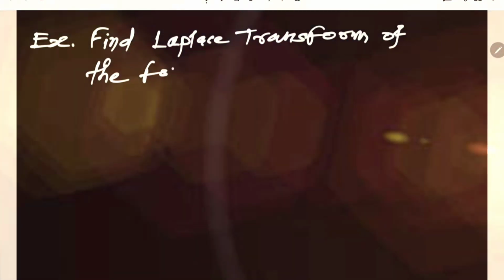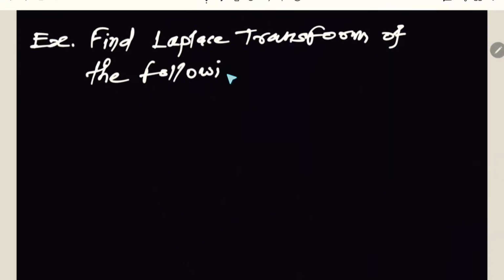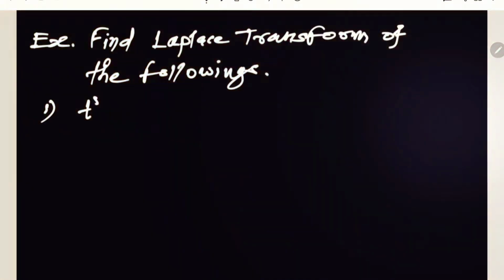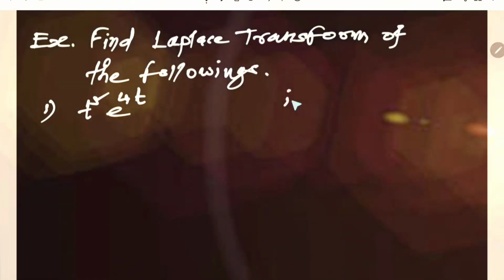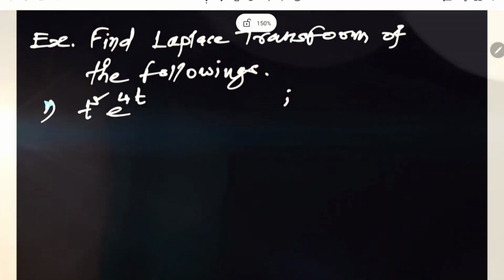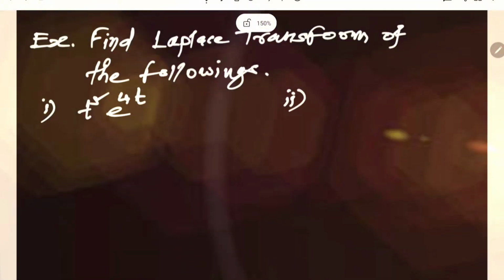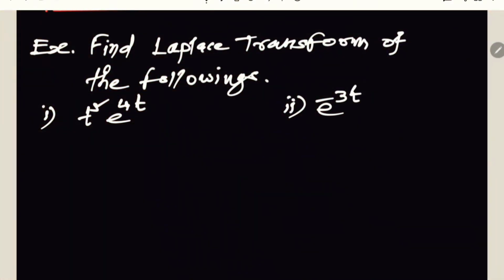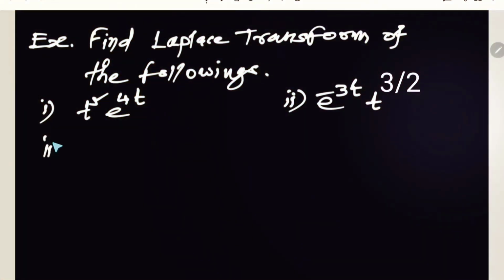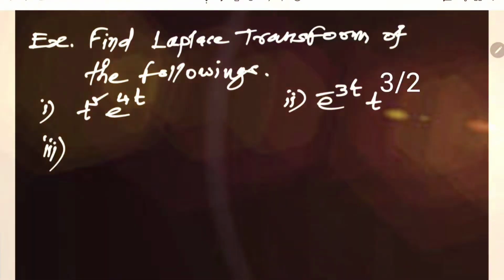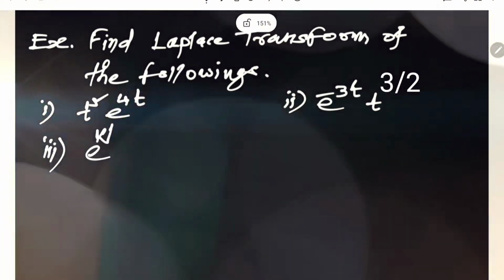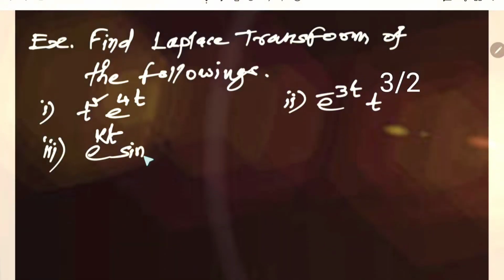First one, find the Laplace transform of the following. The first one, t raised to 5 into e raised to 4t. Second, e raised to minus 3t into t raised to 3 by 2. Third, e raised to kt into sine bt.